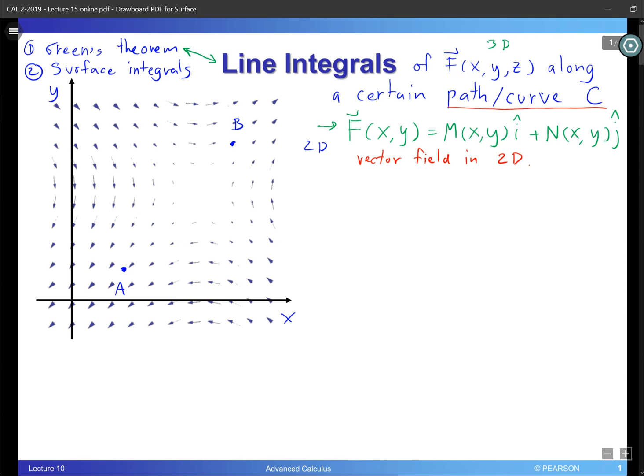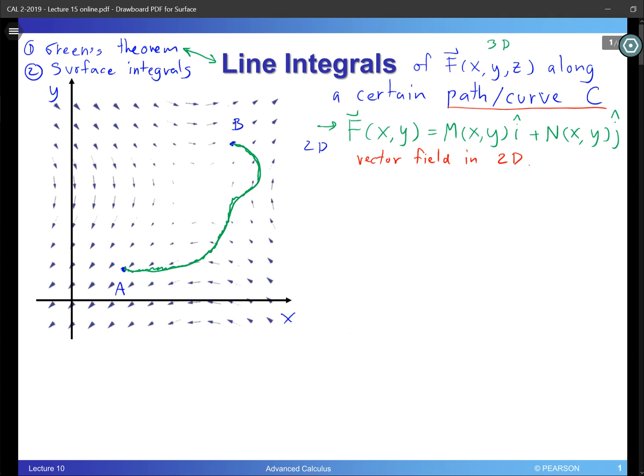It doesn't have to be a specific path like straight line from A to B. It can be any path you want. So here I'm going to pick one path that I like. It's going to be a little bit curvy, maybe around here, and then comes back to this. Okay, so this is the path I want, starting from A along the vector field and ends at B.